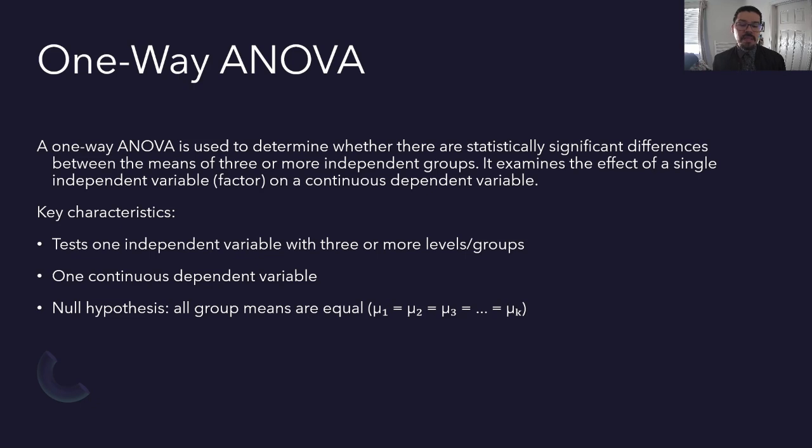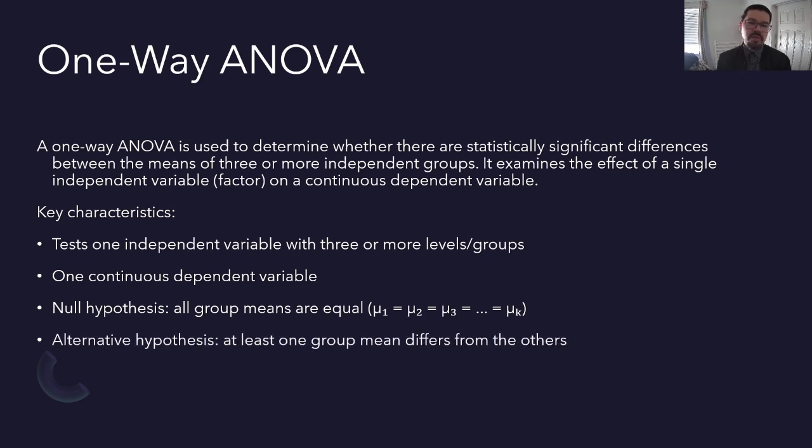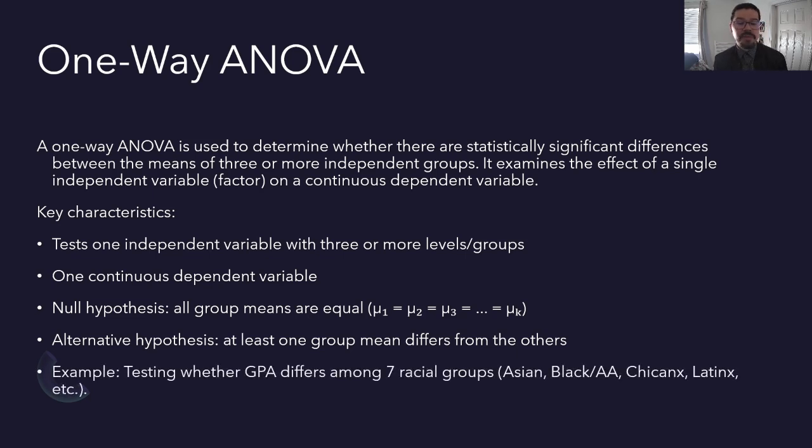The null hypothesis is that all group means are equal, and the alternative or research hypothesis is that at least one group mean differs from the others. An example of this would be testing whether GPA differs among 7 racial groups. I'm making this reference because when I produce the video for using SPSS to run our ANOVA, I'm going to be referencing this specific research scenario.